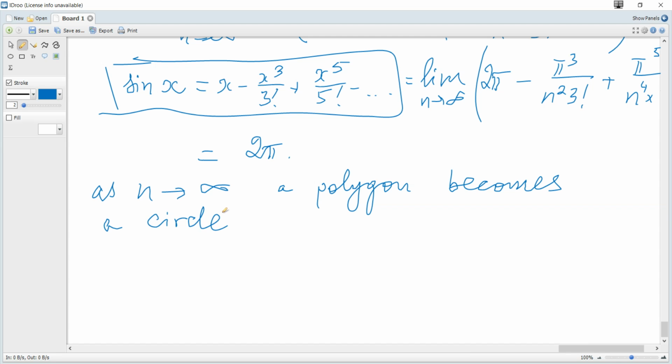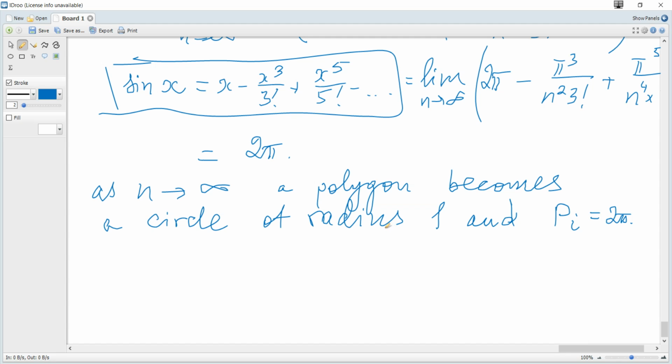And notice that we can see the polygon inscribed in a circle of radius 1. So as n tends to infinity, the polygon becomes a circle of radius 1, and the perimeter of this polygon, which is actually the circumference of the circle, is 2 pi. It's the circumference of a circle with radius 1.